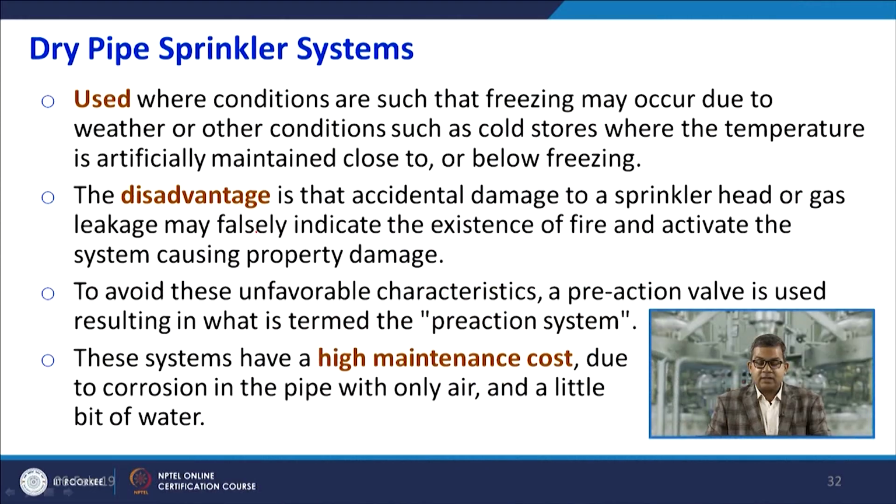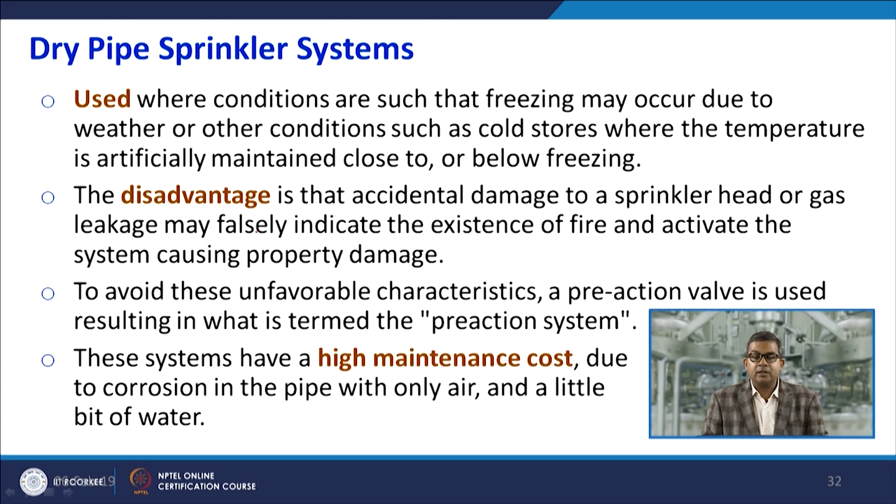Now where to use these dry pipe sprinkler systems? Used where conditions are such that freezing may occur due to weather conditions, sometimes sub-zero, or other conditions such as cold stores where the temperature is artificially maintained close to or below freezing. The disadvantage is that accidental damage to a sprinkler head or gas leakage may falsely indicate the existence of fire and activate the system, causing property damage.